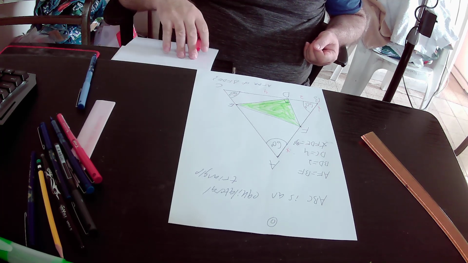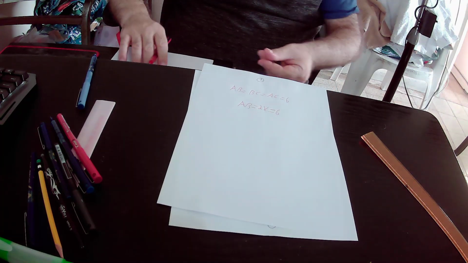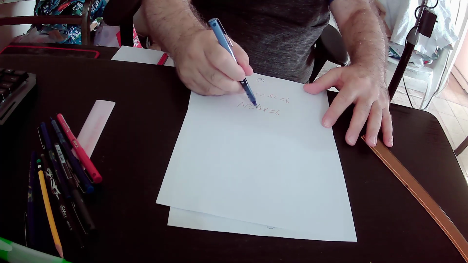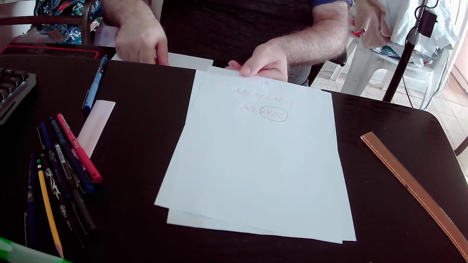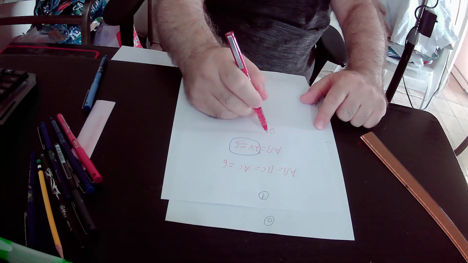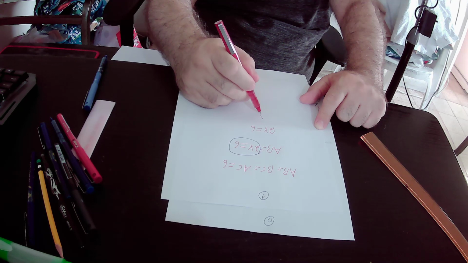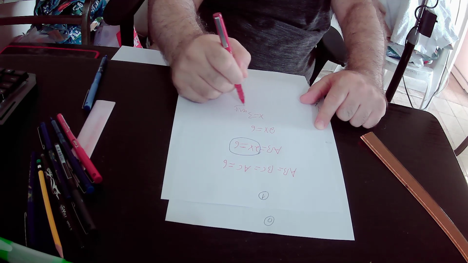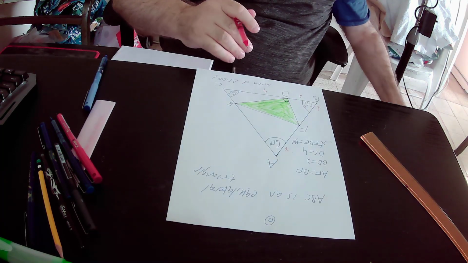So from this equality we can say that 2x equals 6 units, and if we divide this equality by 2, we will get that x equals 3 units.